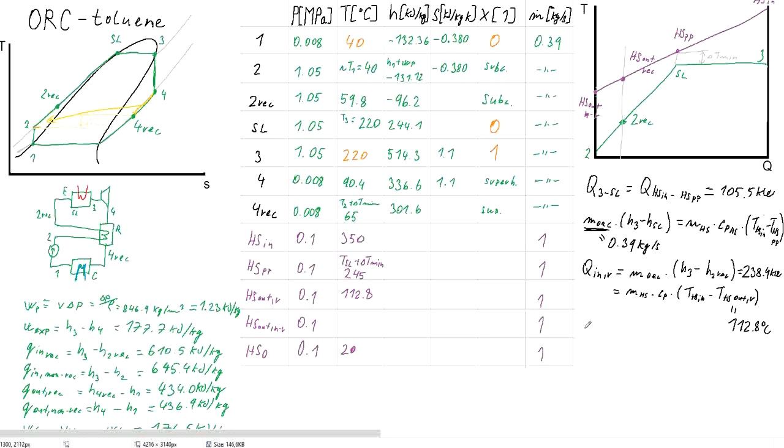Now for the non-recuperated case, it's MORC times enthalpy difference H3 minus H2, and it would be 252.0 kilowatts, and again it's the mass flow rate of the heat source fluid, its specific heat capacity, temperature difference, heat source inlet minus the heat source outlet, non-recuperated.